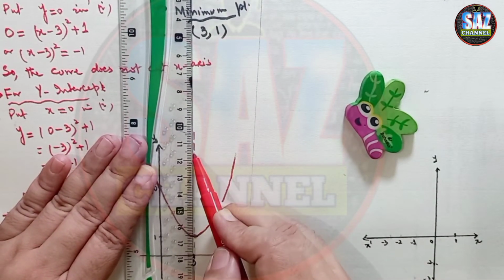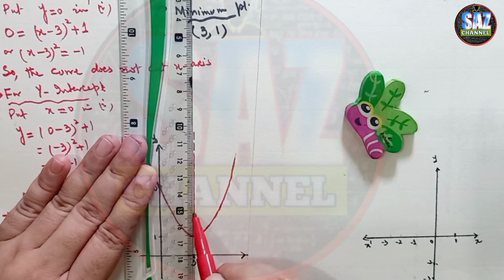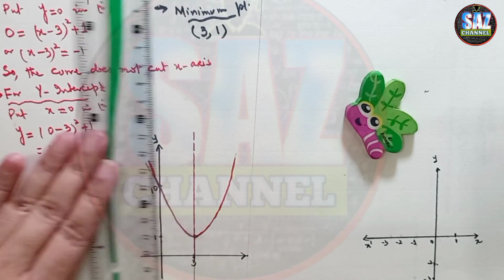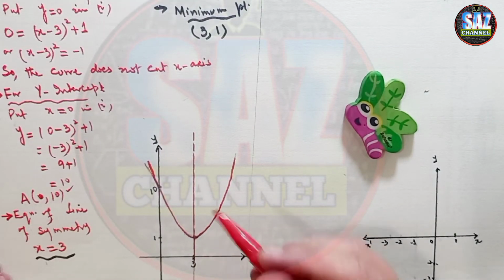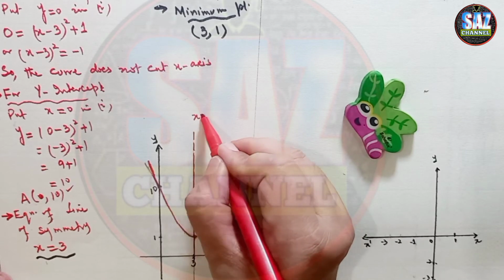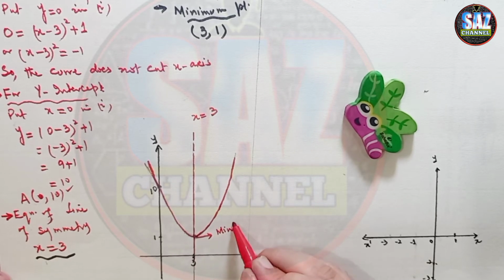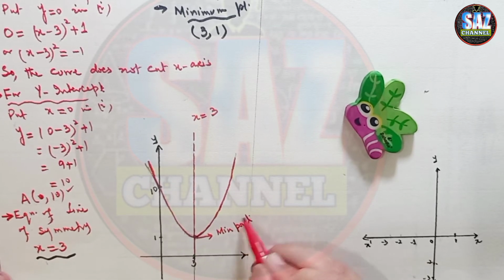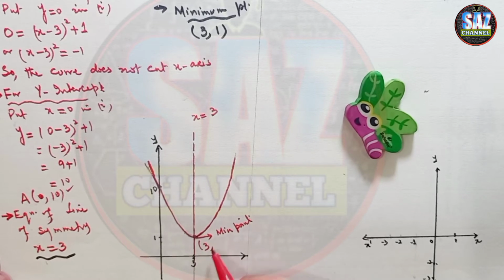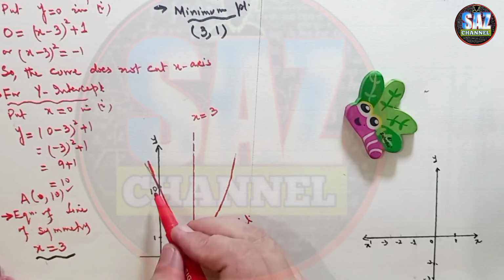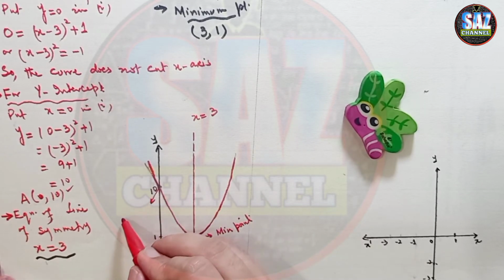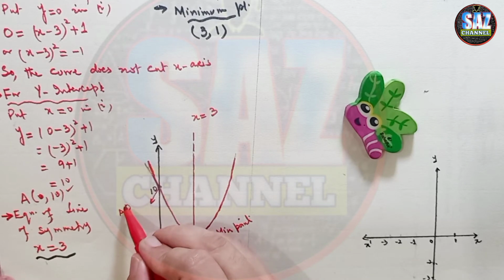Okay, this is the line of symmetry, and the role of line of symmetry is that it divides the shape in 2 equal halves. Okay, this is x equals to 3 is the line of symmetry. This is my minimum point, and this is 3 with 1, and this is my y-intercept, and this is a point, 0 with 10.